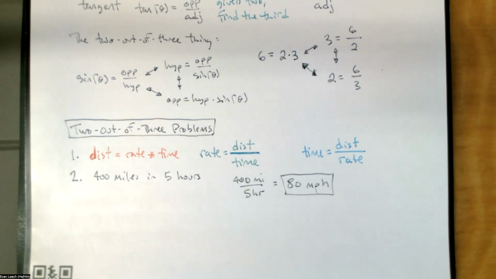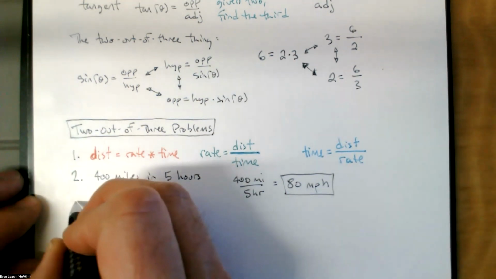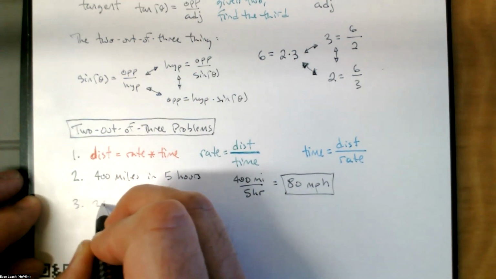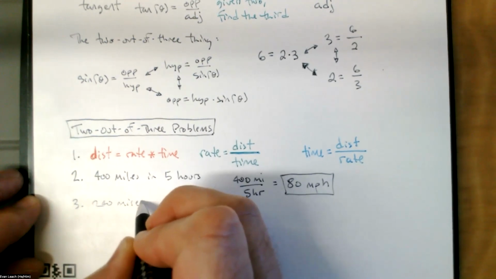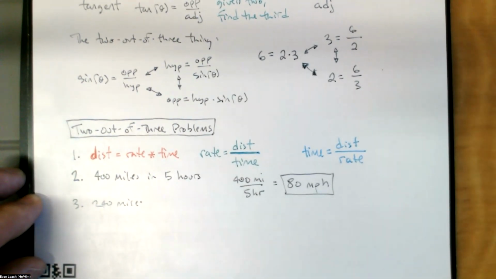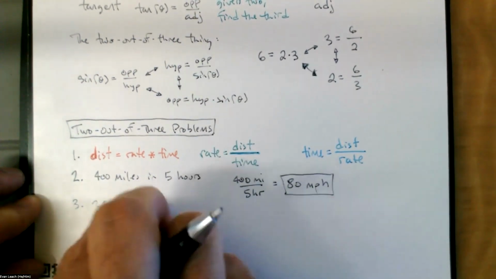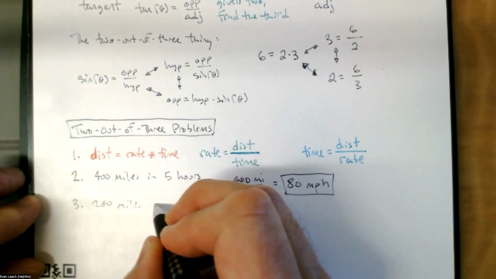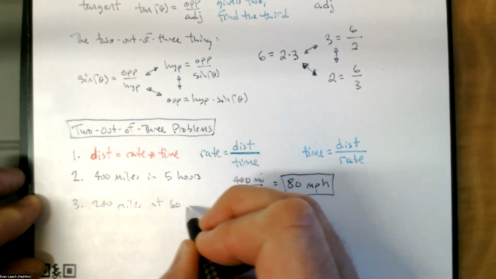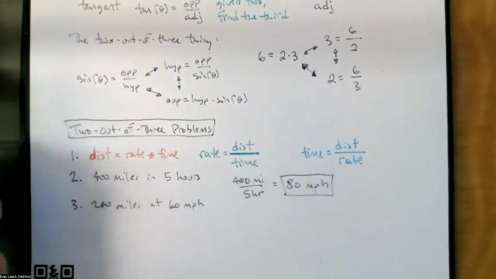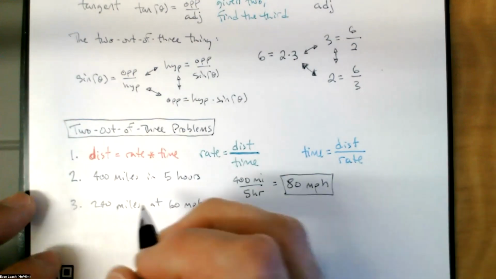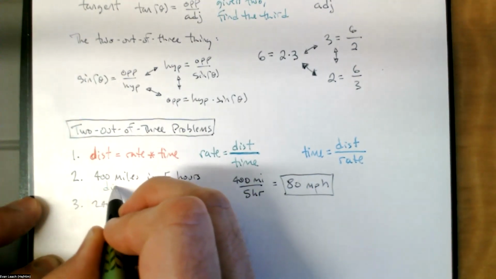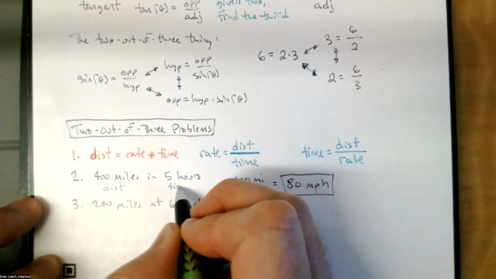Number 3, how long will it take to drive 240 miles at 60 miles per hour? So I've got 240 miles. In the previous problem, I wanted a rate and I had a distance and I had a time.